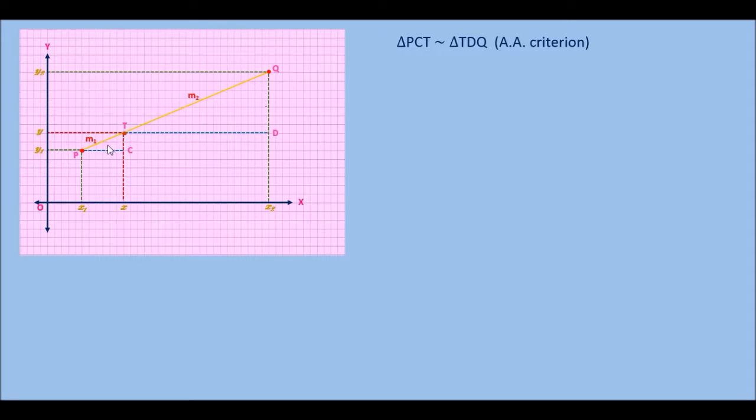Triangle PCT, this one, is similar to triangle TDQ, this bigger one, by the AA criterion or the angle criterion.